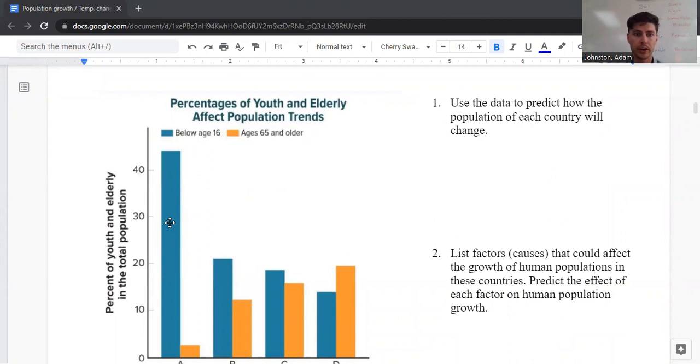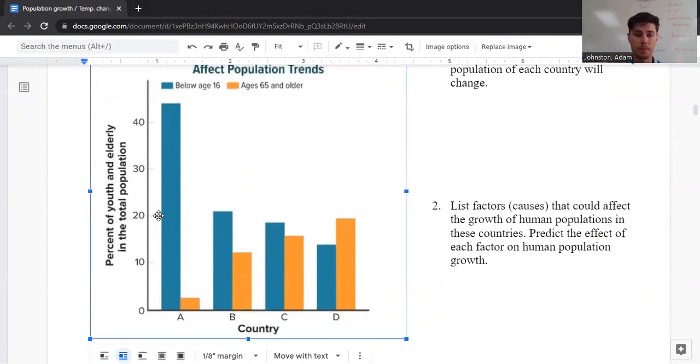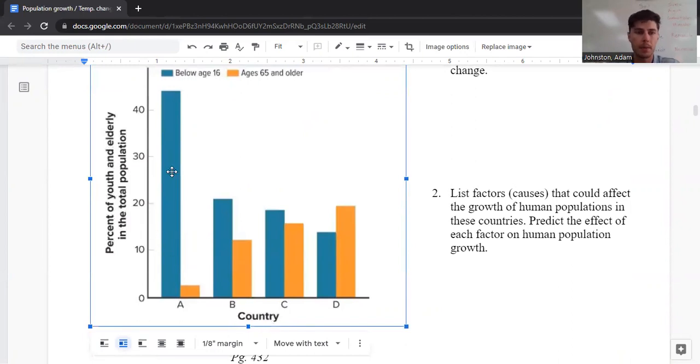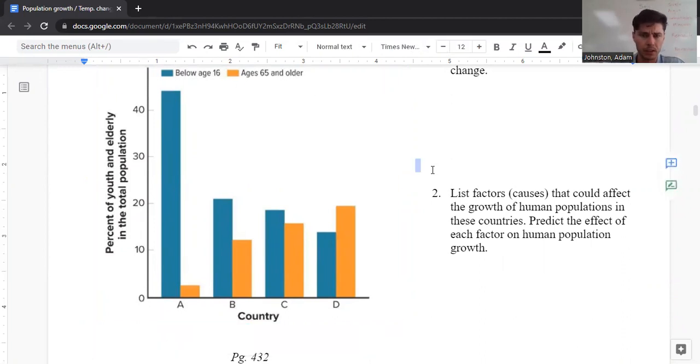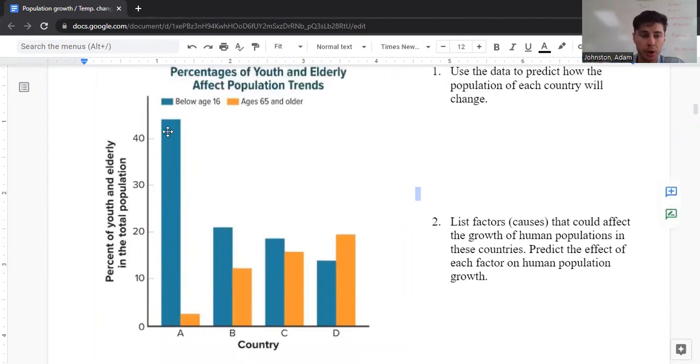Here we have a graph showing the breakdown of country populations based on their young population below 16 and their older population above 65. Some things to remember here. The younger population in comparison to older groups are probably going to live longer and are more likely to have children.